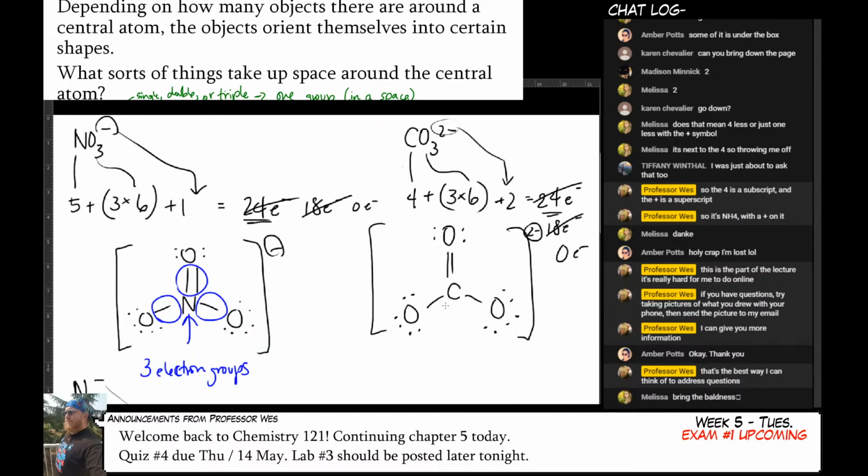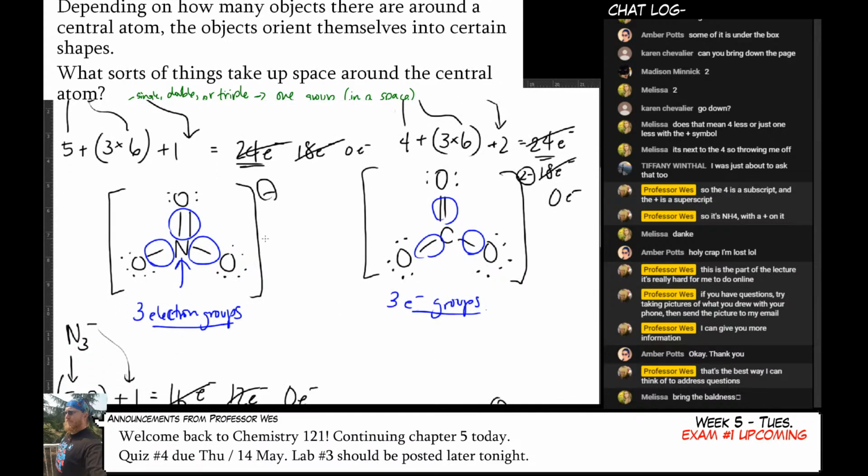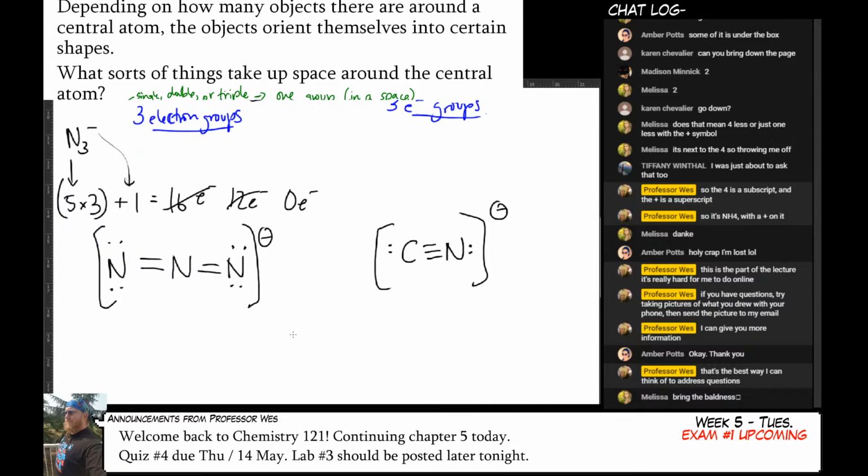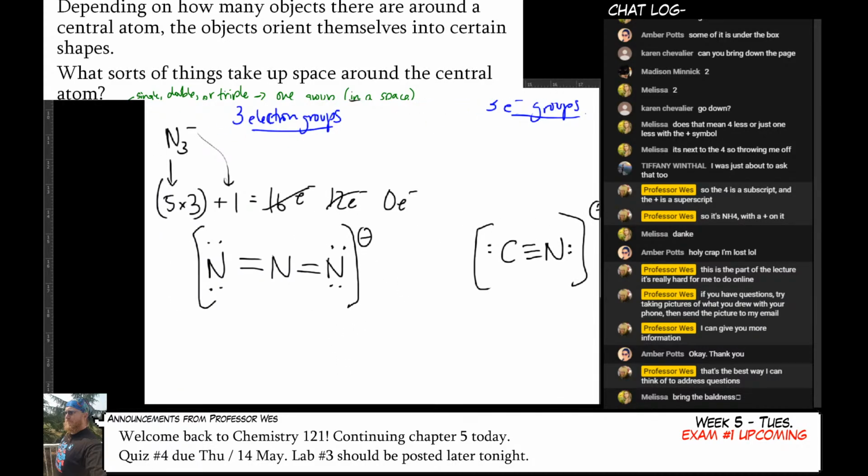If I go over to CO3, I would count them the same way. Here's a group, here's a group, here's a group. 3 electron groups. You'll notice that they both have the same shape. They look kind of like a triangle. Let's go down here and count electron groups on these two, which also look kind of the same. I'm going to pick this as my central atom because it's in the middle, and then count all the groups connected to this central atom.